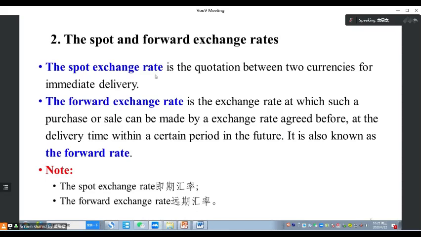The spot exchange rate means two currencies exchanged at once.